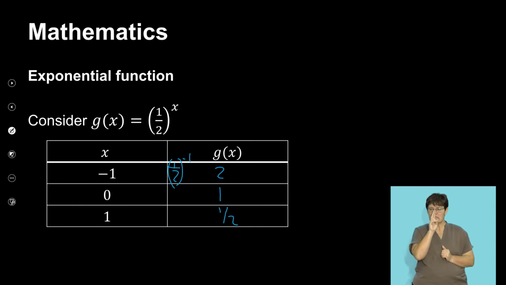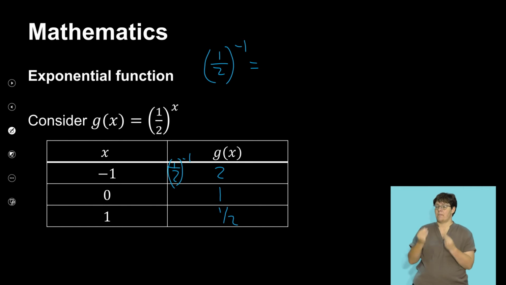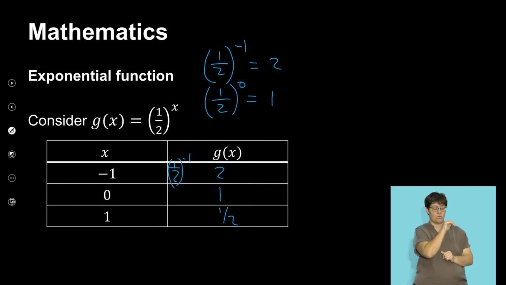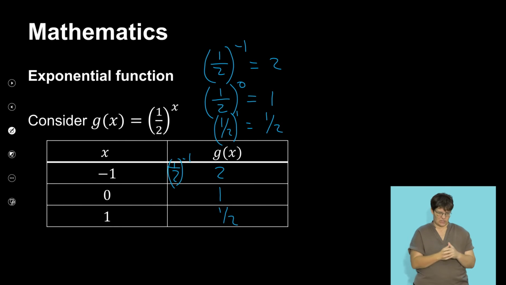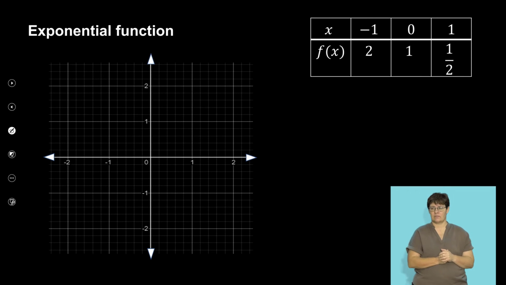Just so that you can see, it's 1 over 2 to the exponent of -1. This will give you 2. 1 over 2 to the exponent of 0. This will give you 1. And then 1 over 2 to the exponent of just +1, this will give you 1 over 2. So that's where I get my values. But you guys can always just press your calculator and it will give you those answers.